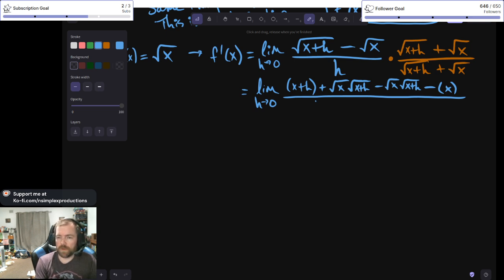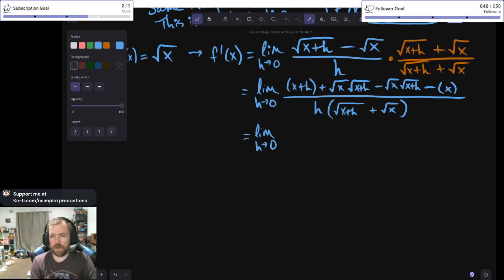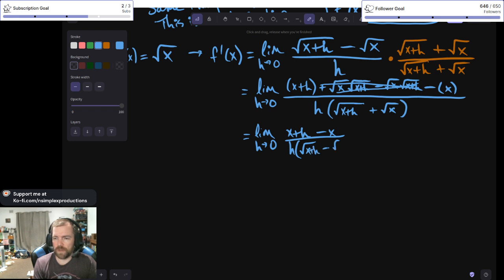Okay, and in the denominator we get an h times the quantity square root of x plus h plus the square root of x. Now we get the limit as h goes to 0 of x plus h plus 0 for the two middle terms, minus x, over h times square root of x plus h plus the square root of x.